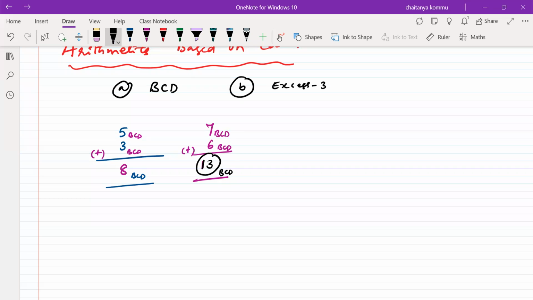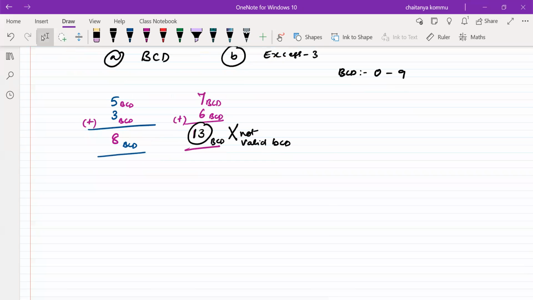BCD numbers start from 0 to 9 only. But 13 has come into the picture, so it's not a valid BCD. How do you make this a valid BCD? Then I have to add +6 to this one.